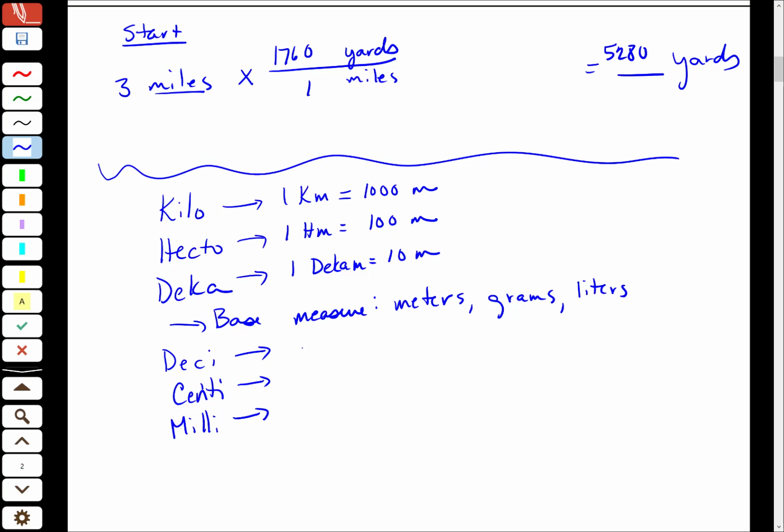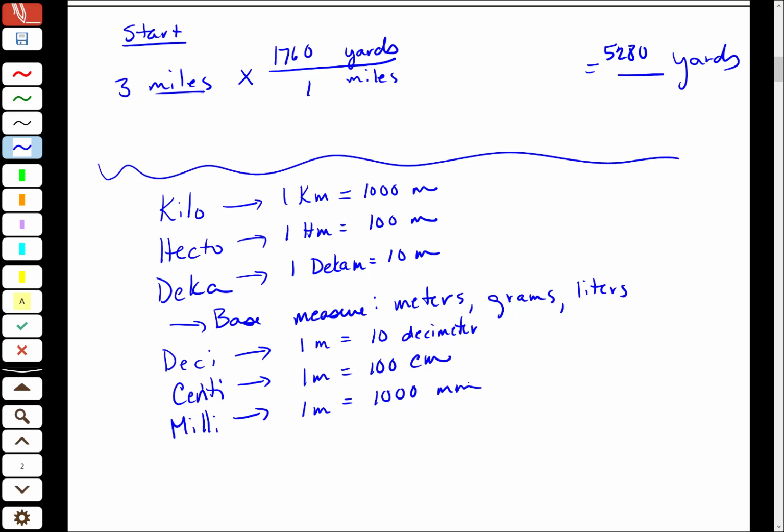Then decimeters go the other way. So in 1 meter, there are 10 decimeters. And 1 meter has 100 centimeters. And then 1 meter is 1,000 millimeters.